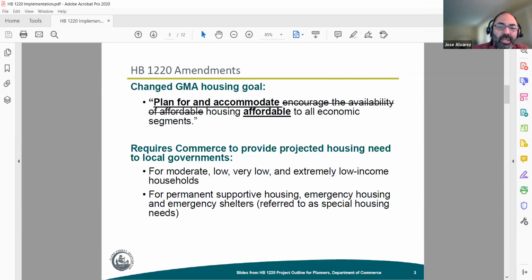The other requirement is that Commerce needs to provide local governments with information about how to provide that housing for moderate, low, very low, and extremely low income households. And we hadn't had that guidance previously, and we sort of just planned very generally for housing overall. It also includes considerations for permanent supportive housing and emergency housing and emergency shelters.